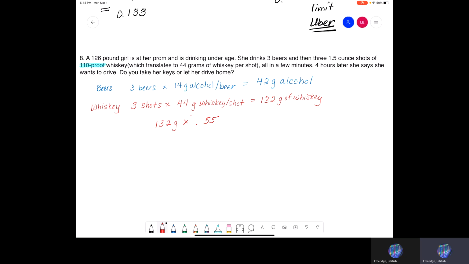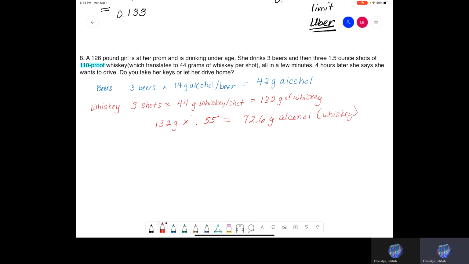If you take 132 times 0.55, you end up with 72.6 grams of alcohol. Okay, and this is from the whiskey.